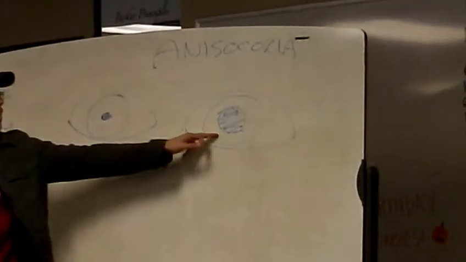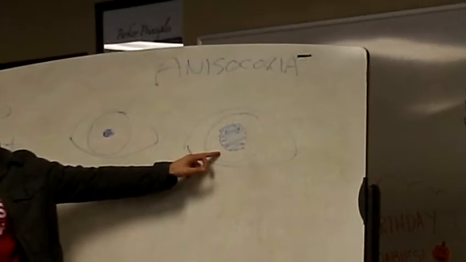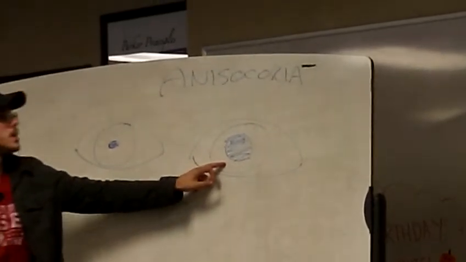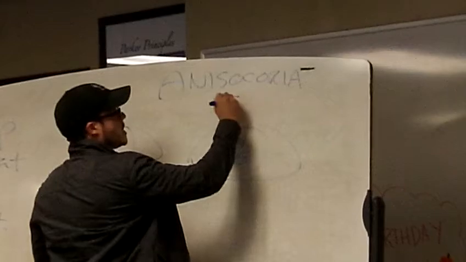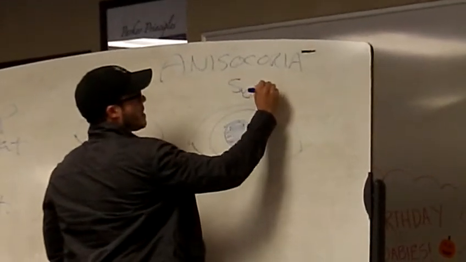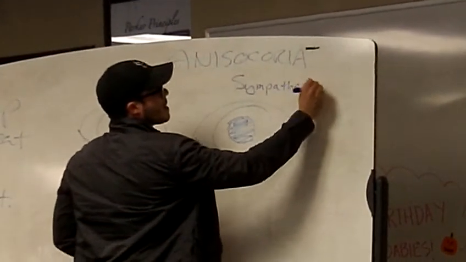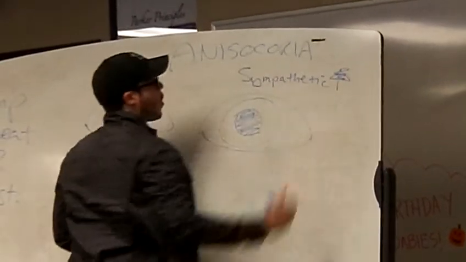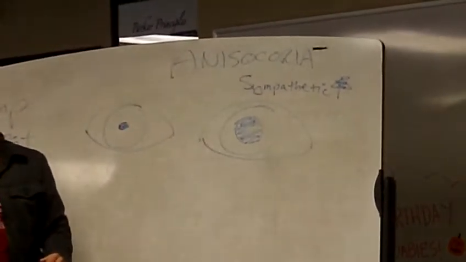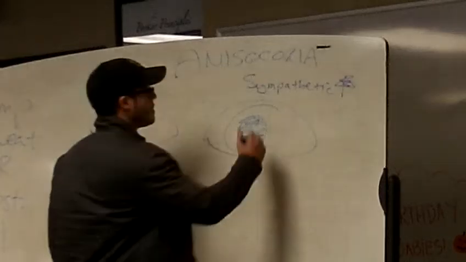So what makes a pupil big? Is it parasympathetic or sympathetic input? Sympathetic, yeah? So it could be two things, actually. Sympathetic could be up, or parasympathetic on this side could be down.